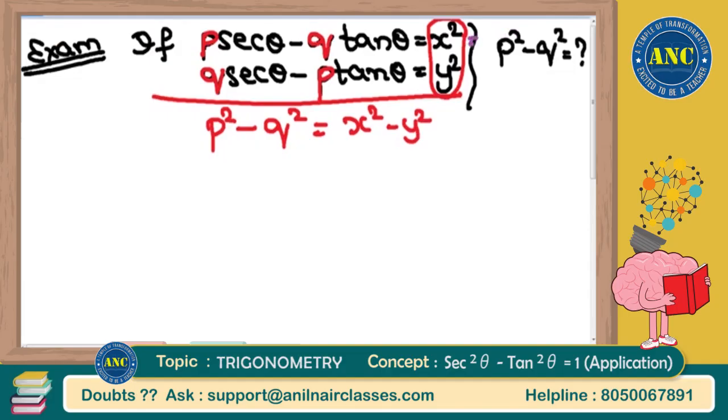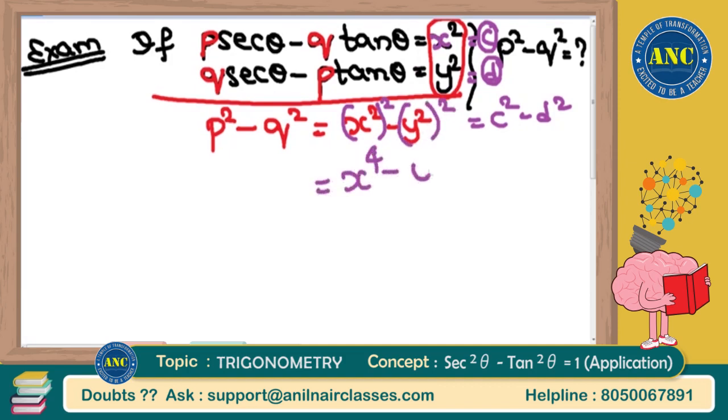There we wrote it as c and d. It is actually c square minus d square. That means right hand side square minus right hand side square. Here the right hand side itself is x square, so it is x square whole square minus y square whole square. People in a hurry will make that mistake. Answer is x power 4 minus y power 4.